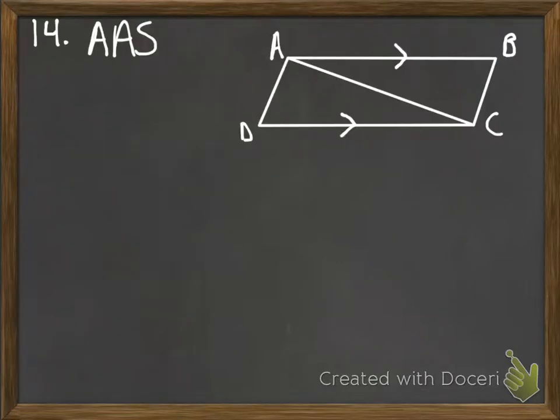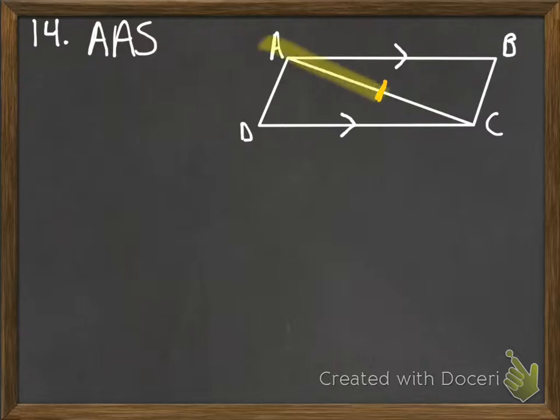Alright, what number 14 is asking is what additional information do we need to prove that these triangles are congruent using angle, angle, side. Looking at the triangle, it's like, wow, it looks like there's nothing on there, but there actually is. The reflexive property tells me that line is equal to itself.